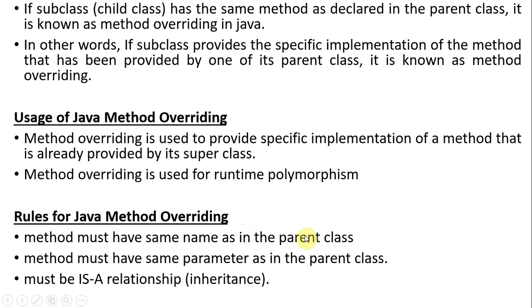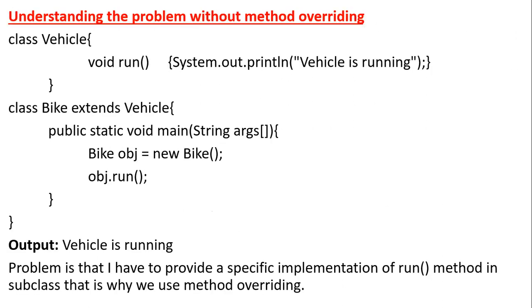So the parameter declaration is also the same. But with method overloading, it differs. We'll see the differences also. And there must be an is-a relationship. If inheritance is there, and both parent and subclass have the same method name and they don't differ in the parameters, then that is called method overriding.